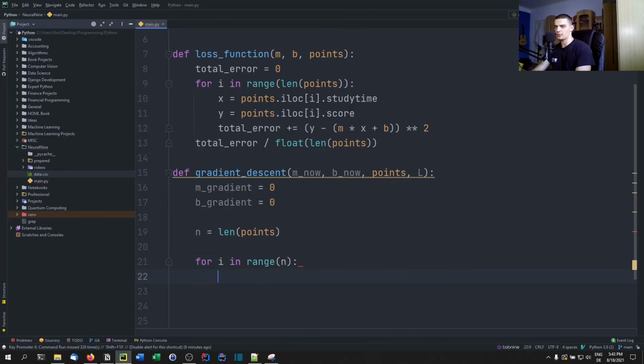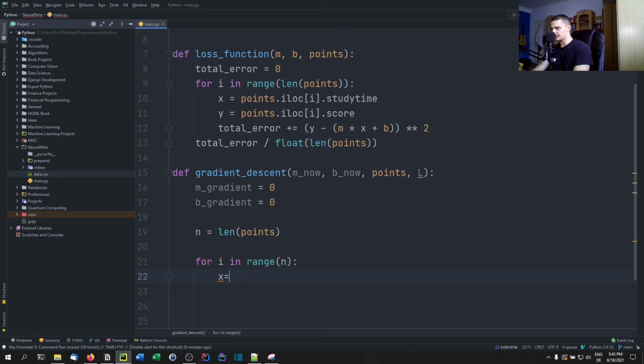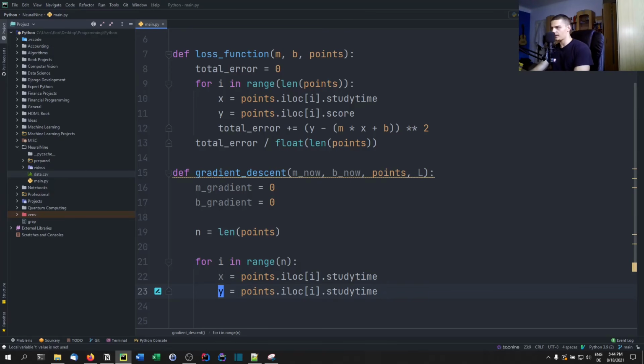So for each point, what we're going to do is we're going to take that point. So x equals points.iloc[i].study_time, and then y equals points.iloc[i].score.